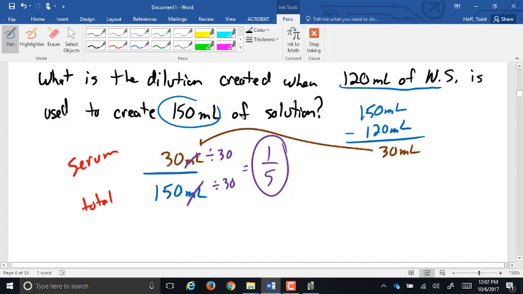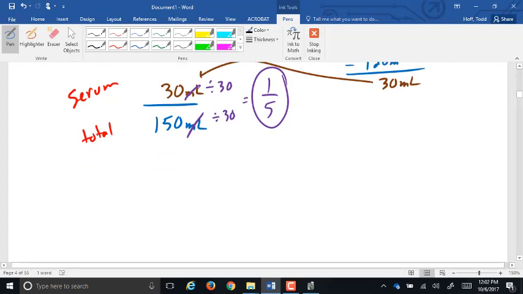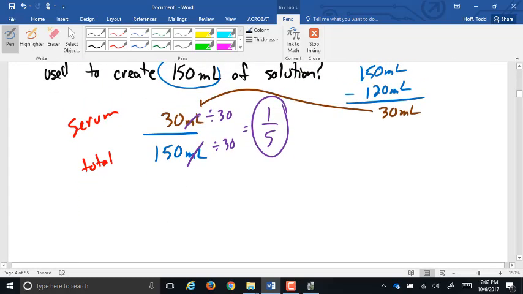What is a dilution used for? Well, there's two things a dilution can be used for. One is when we go to use the limits of a meter.